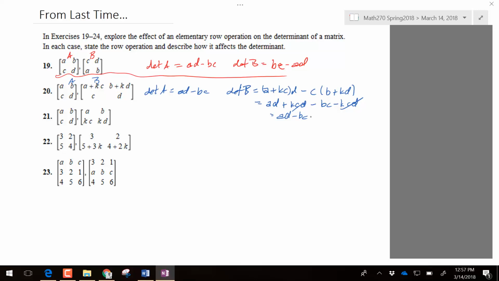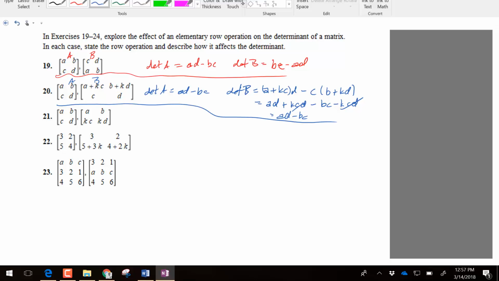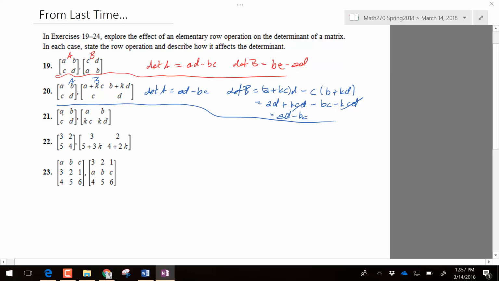Well, let's do one more and then we'll talk about row operations. The next one is A and B again. The determinant of A equals AD minus BC. Now let's take a look at the determinant of B in this case.